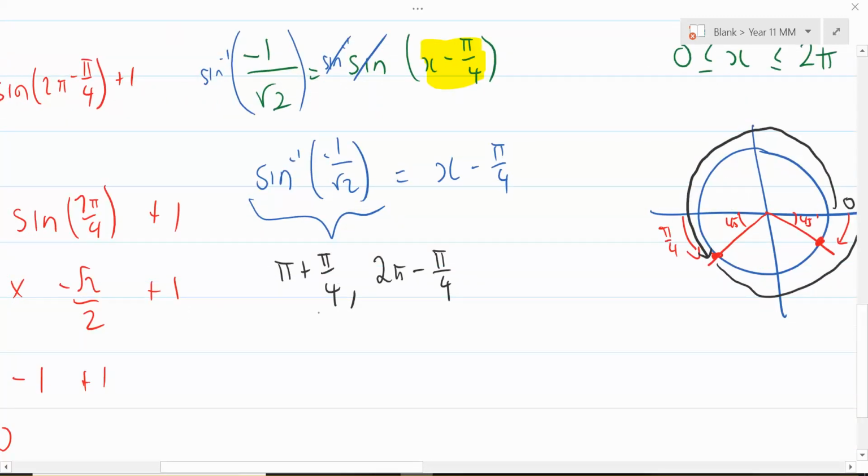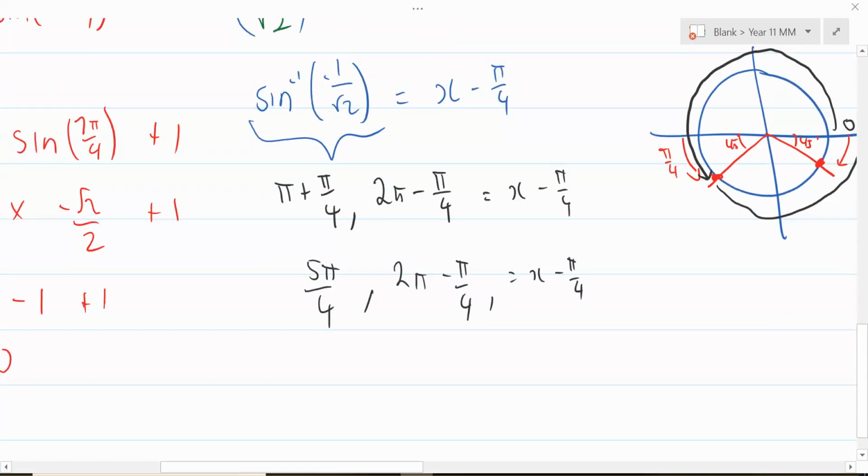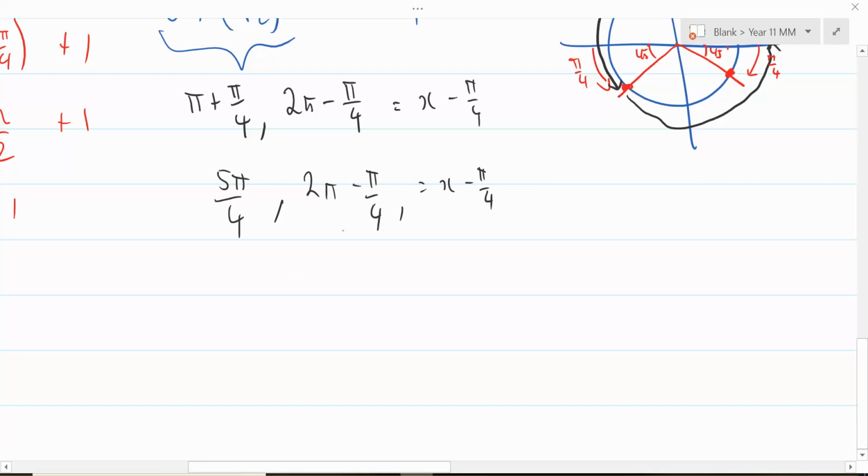We've got pi plus pi on 4, 5 pi on 4. You have 2 pi minus pi on 4. Okay? This is all equal to x minus pi on 4, and this is x minus pi on 4. If you simplify this, 2 pi minus pi on 4 is 7 pi on 4. This is 5 pi on 4, and this is equal to x minus pi on 4. True?